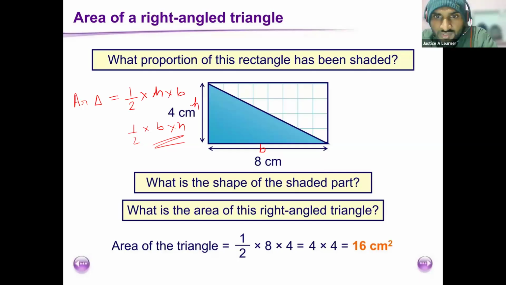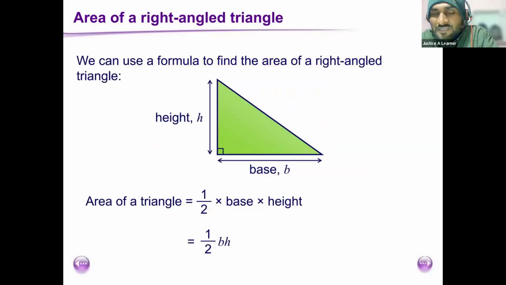So the same concept, we can use a formula to find the area of a right angle triangle. Remember that. This does not apply to triangles which are not right angled. So height into base and half of it. You may take a screenshot.